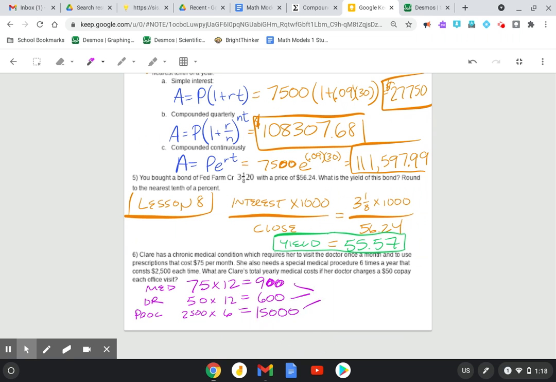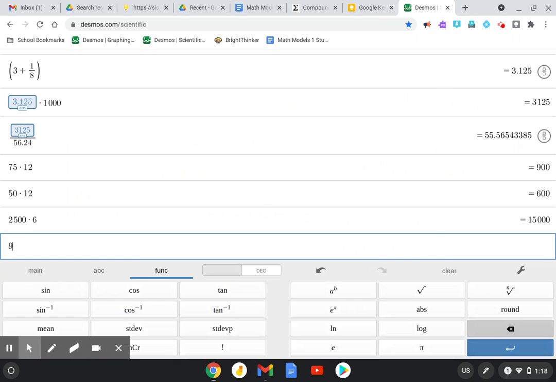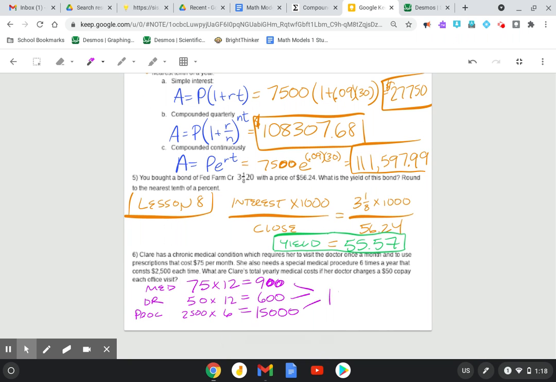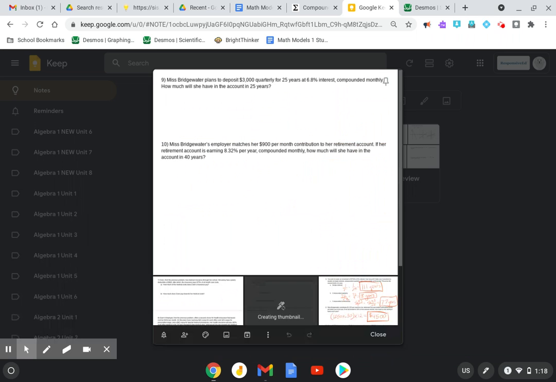We're going to add all that together. So we're going to do 900 plus 600 plus 15,000, and we get $16,500. So again, just reading here and being careful about what you're doing on each step will get you there. So that's the answer there.